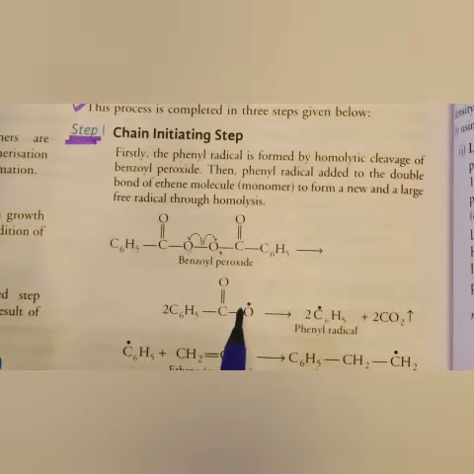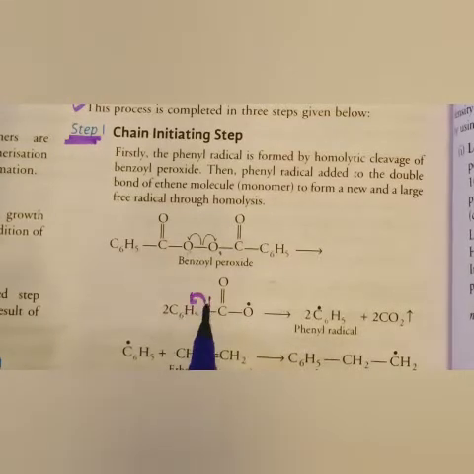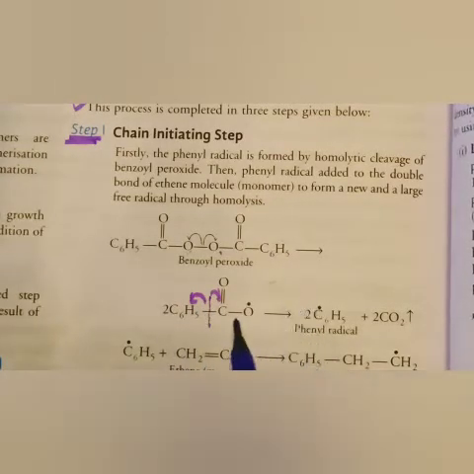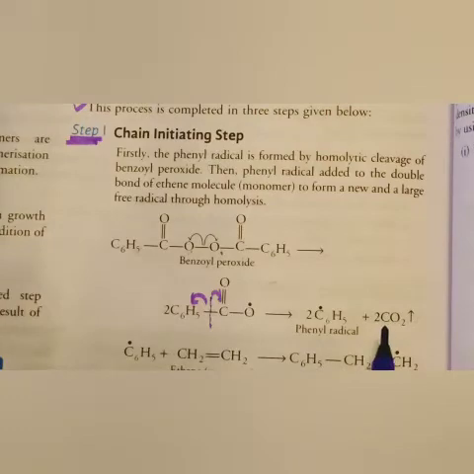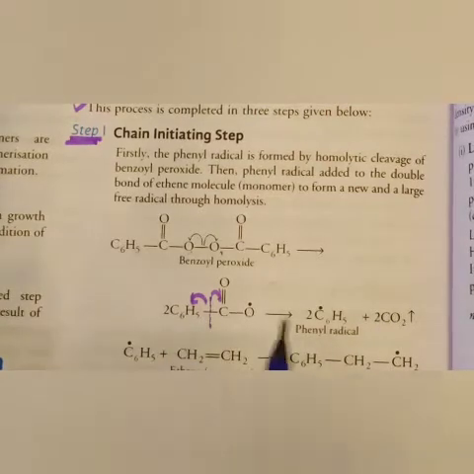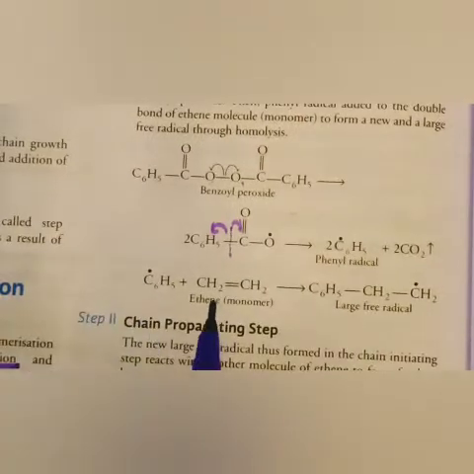This free radical will give us a phenyl radical when we remove this bond from here. In this way, this free radical is going to form a bond, that is carbon dioxide, and this C6H5 will have a free radical. Now this free radical will react with ethene.